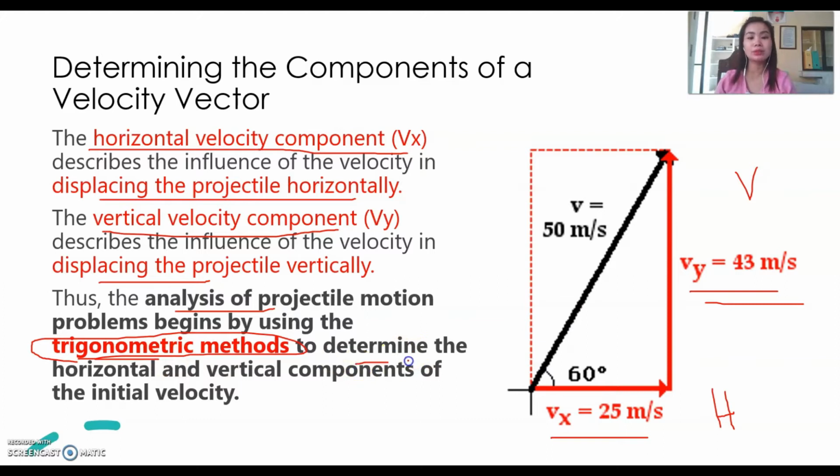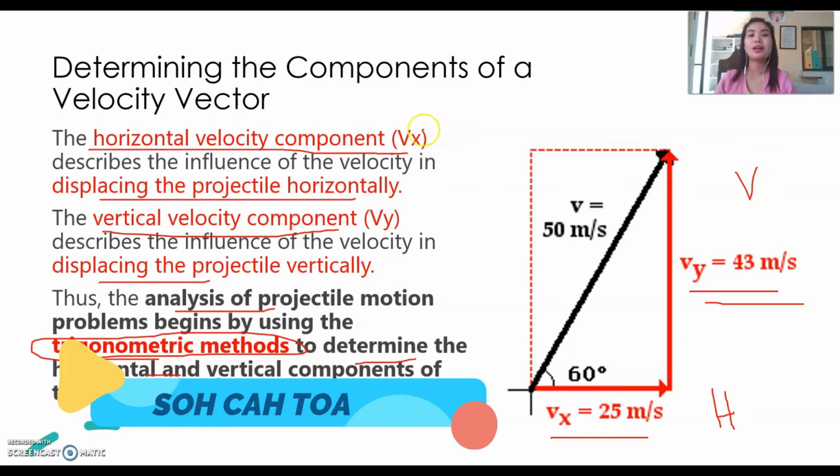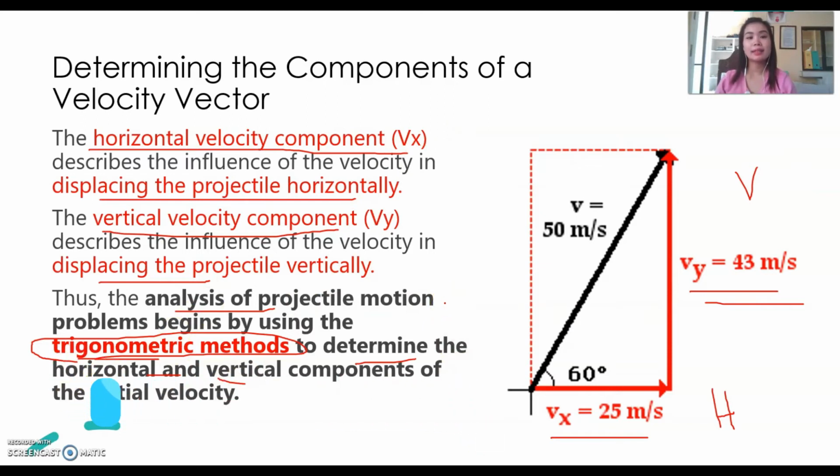Because it helps us determine the horizontal and vertical components of the initial velocity. I know you are familiar with SOHCAHTOA: sine, cosine, and tangent. We will use these to extract Vx and Vy.